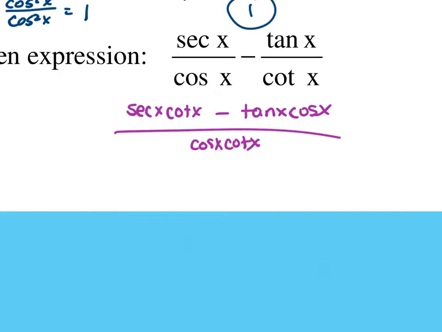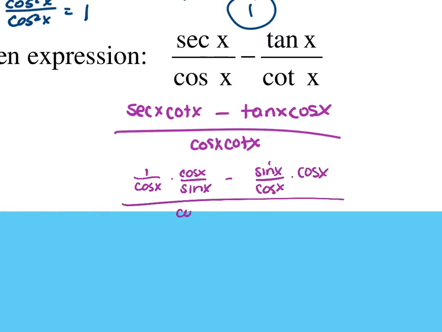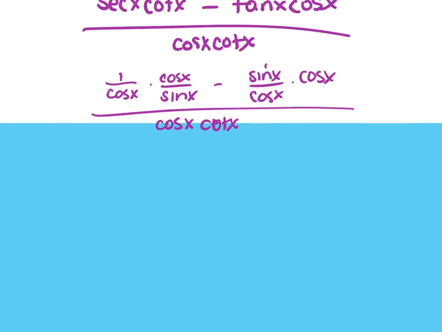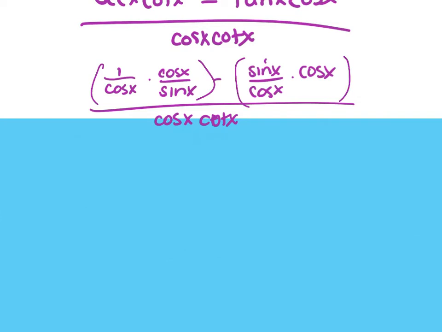Could you make secant and cotangent different? So I would write them as the reciprocal functions, like 1 over cosine x times cosine over sine x minus sine over cosine times cosine, all over cosine x cotangent x. I could do that, right? Then I can combine these, actually no, sorry, they cancel. Make life easier.